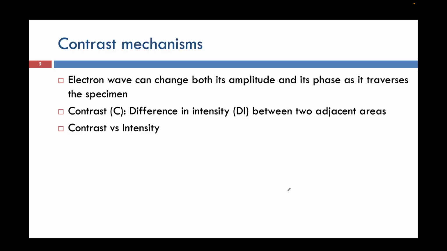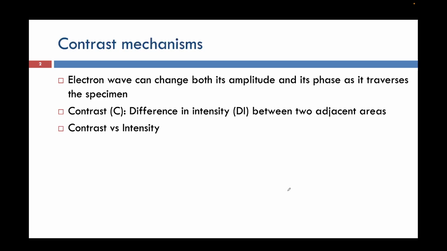Because in the bright field as well as the dark field imaging, we are interpreting our images based on the contrast that we are getting. In a bright field image, the background is bright and the sample is dark, and similarly in the dark field image, the background is dark and the sample is bright.